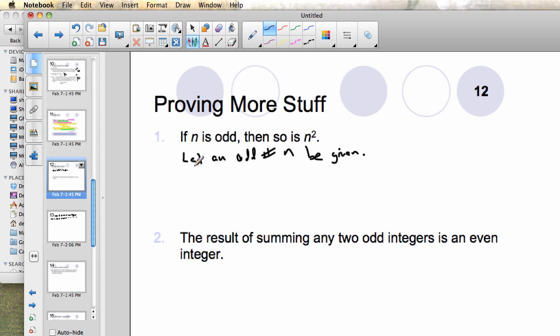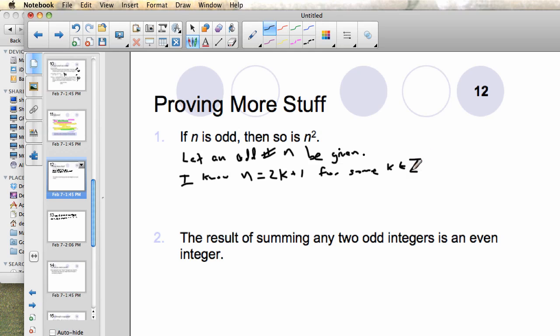Step 2 should be, what is it that I know about n? So I can even say it that way. I can say, I know n is equal to twice something plus 1, for some, and I'll abbreviate this as well with math symbols, I can say for some k in the set of integers.